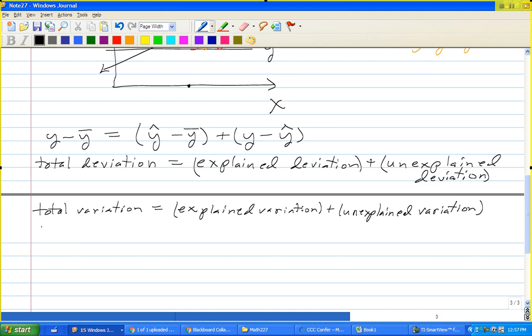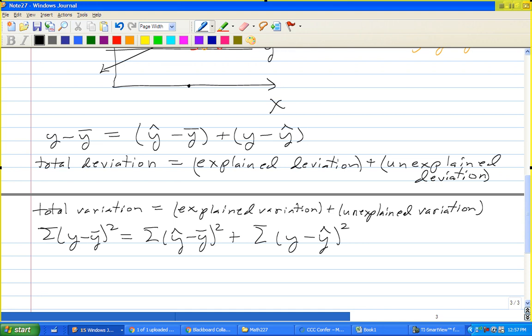And so the sum of y minus the mean squared, the sum of y minus y bar squared, plus the sum of y minus y hat squared. Okay, good. So I have here that the total variation is the explained variation plus the unexplained variation.